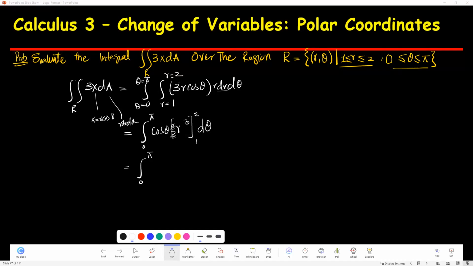From here, r cubed, so 2 times 2 times 2, 8, minus 1 is going to be 7. So I can write 7. Maybe just writing step by step. Cos theta, 8 minus 1, d theta. So I can write it like this. 7 cos theta d theta.